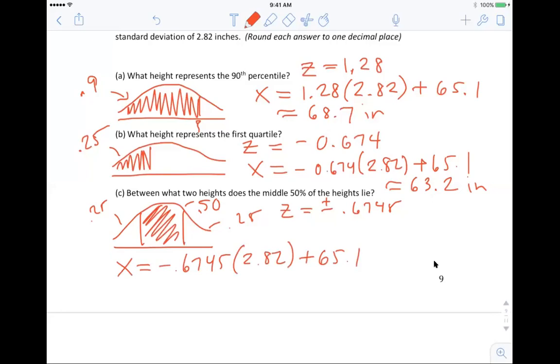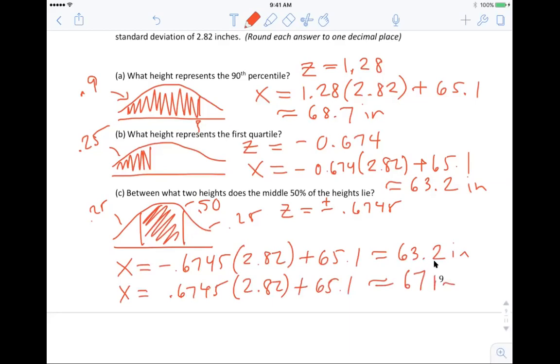Okay, so that's approximately 63.2. Pretty much the same thing we did in B, right? Same calculation there. And then the other one is just without the negative. Let's see if we get there, 0.6745 times 2.82. That's about 67. Okay, and both of those are in inches, and we're good to go.